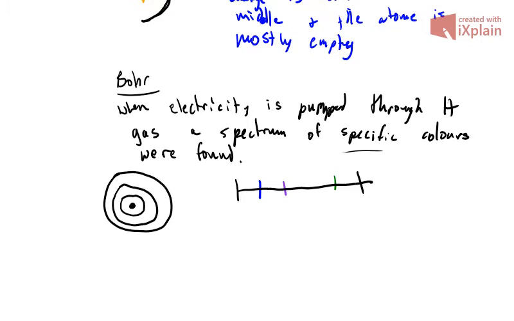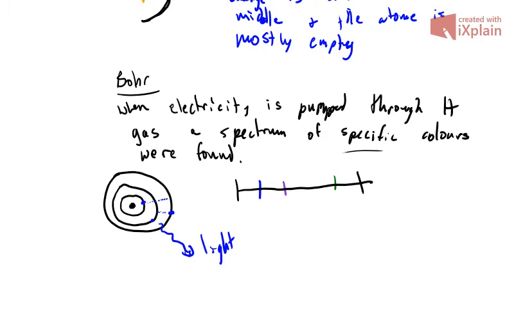So these electrons, when they get excited by the electricity, go up to a higher energy level, and then they go back down and release light.